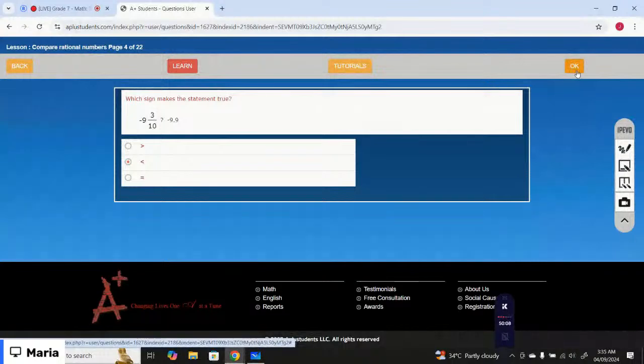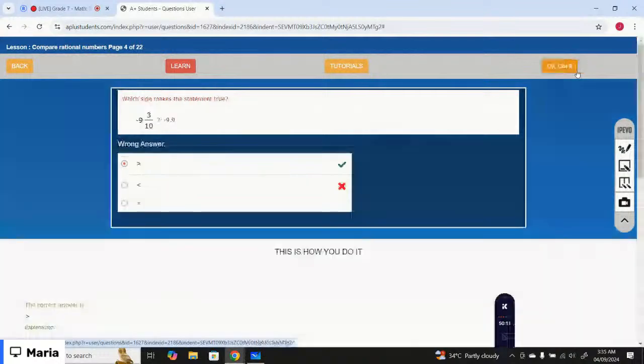Less than it is, right? Negative 9 whole 3 by 10 is less than negative 9.9, right?